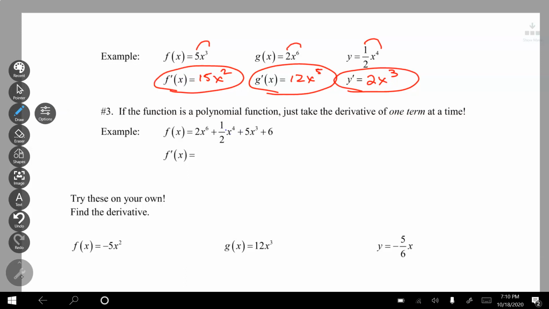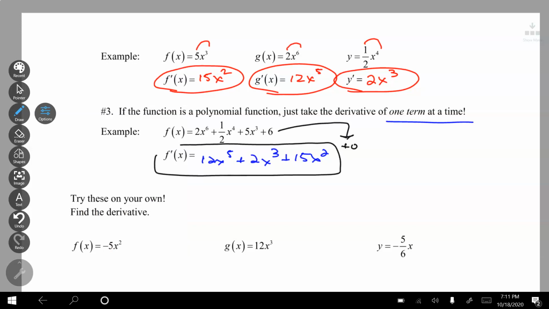Well, this is just a polynomial function. We just do one term at a time. So 12x to the 5th plus 2x to the 3rd plus 15x squared. And again, the derivative of a constant is just 0. But I'm not going to write down a plus 0 because that's just a waste of time.